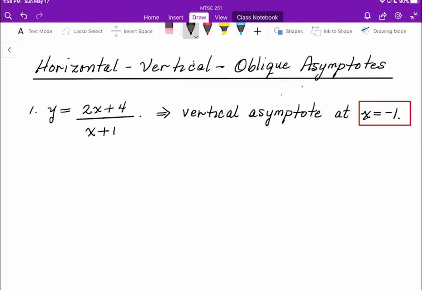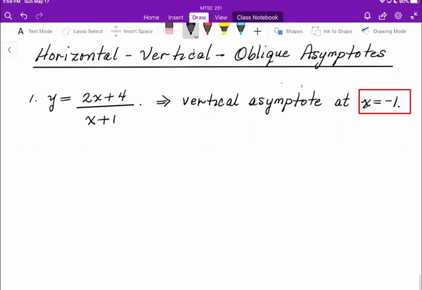Second, when we look at the limit as x approaches infinity, if our function equals a number L, then we'll have an asymptote.